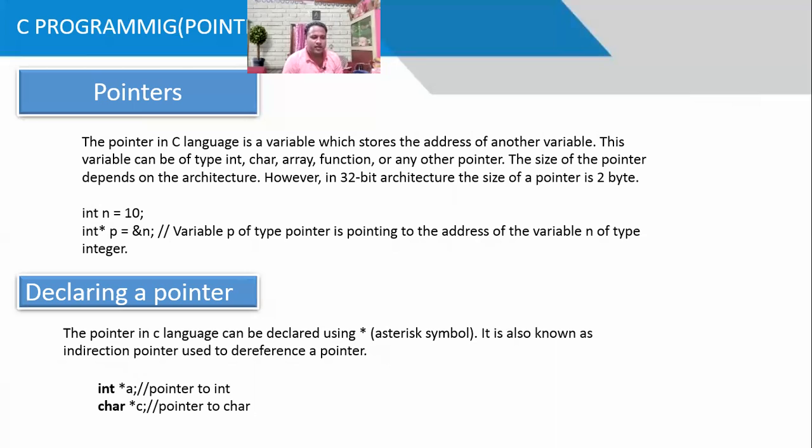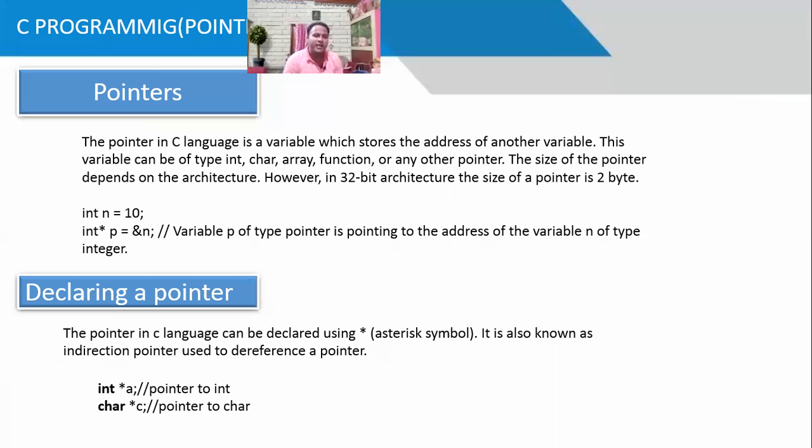Now remember it. When you define a pointer, you define a data type, then a star symbol, then your variable name. Star represents a pointer. A pointer contains the address of another variable.